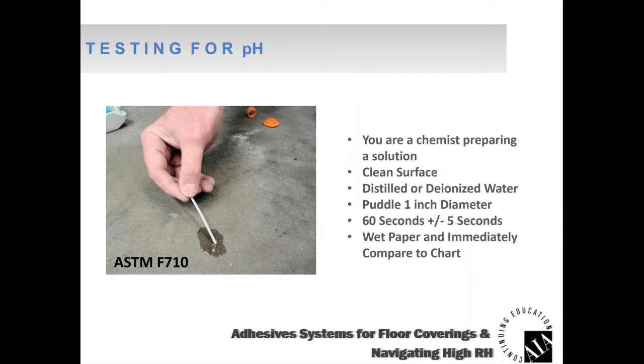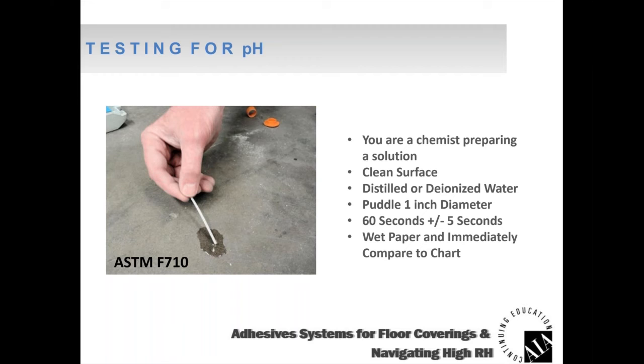So now we go back to testing the pH. We talked about it a little earlier. You're basically a chemist preparing a solution here. You're pouring distilled or deionized water on the surface, about a 1-inch puddle. Once you've cleaned the surface, you're taking sandpaper and going back and forth to remove contamination, maybe 20 times or so, and vacuuming up any excess material, making sure that we have a clean concrete surface.